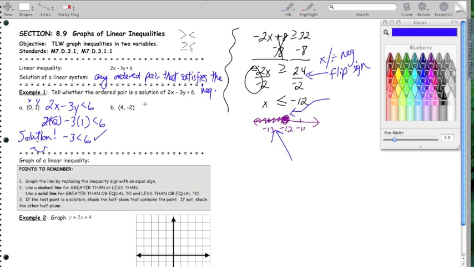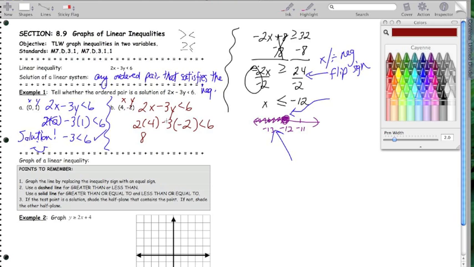Okay? Let's try letter B. Letter B, we have another inequality. I like to write down my inequality so I'm not bouncing back and forth looking up here. For x, I'm going to substitute in a 4, so 2 times 4. For y, I'm going to substitute in negative 2, less than 6. 2 times 4 is 8. Now, watch this here because some people get stuck on it.